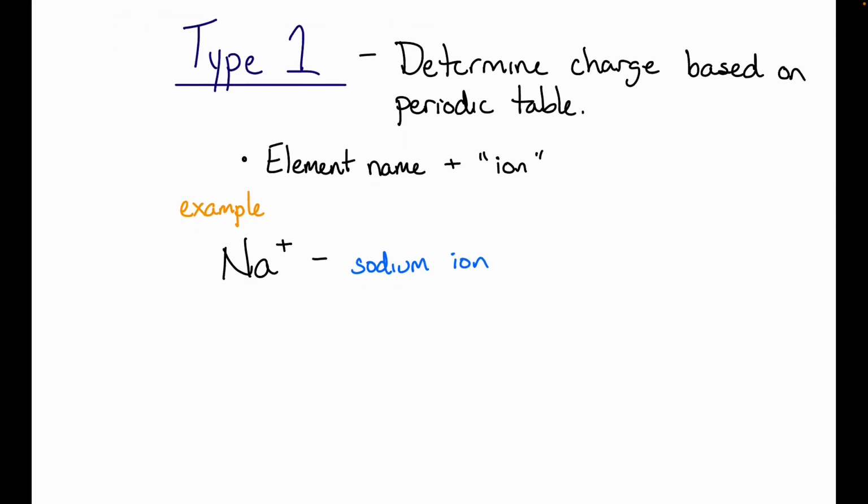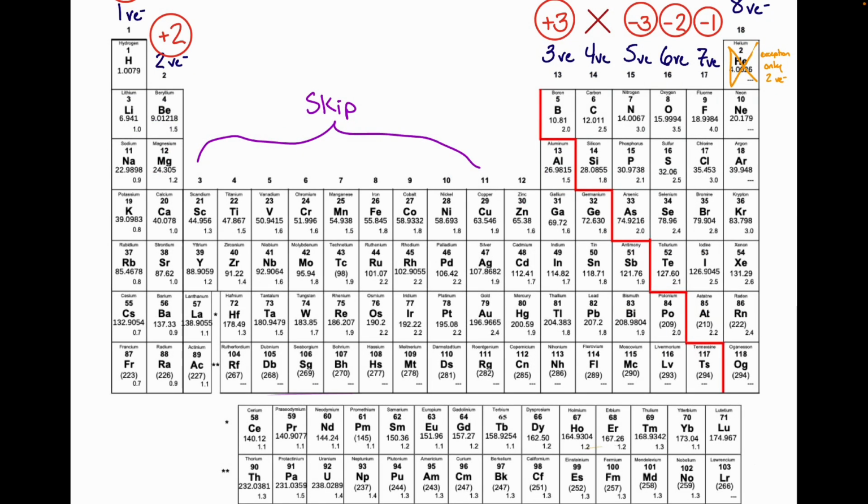All right. Mg plus 2. What would this one be? The magnesium ion. All right. Note on our periodic table, we do have the names of our elements given. Okay. So very straightforward to figure out what our ion name is going to be.